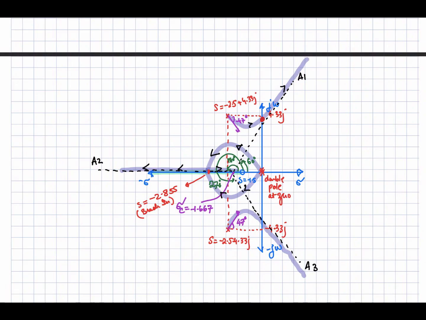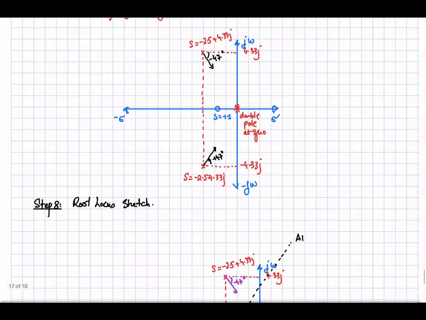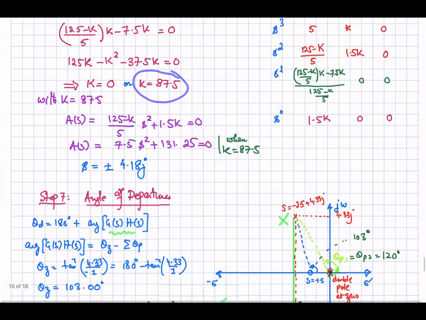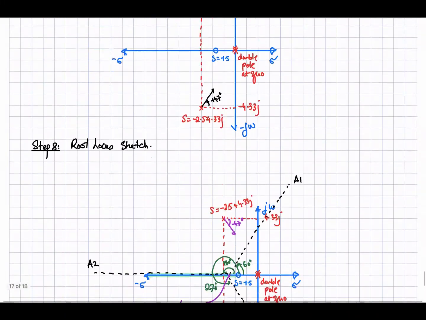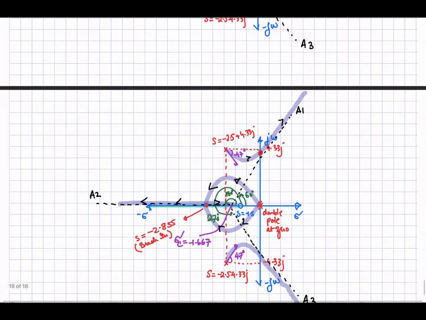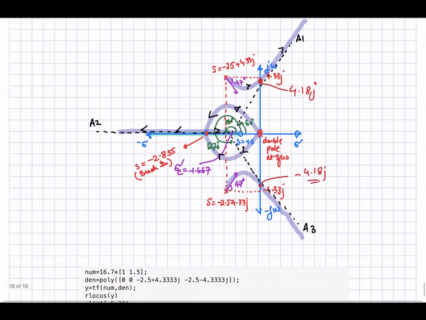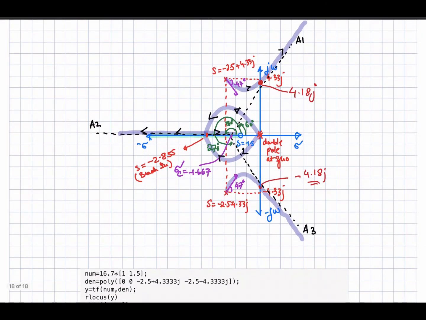We have already calculated that one as well. The j omega crossover point was equal to 4.18j, right? So at this point, this is 4.18j. Similarly this one is minus 4.18j. So at this point the root locus will cross the j omega axis and will move toward the infinity.